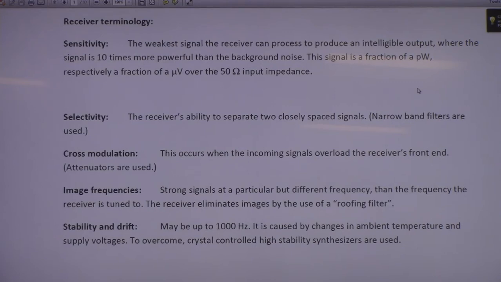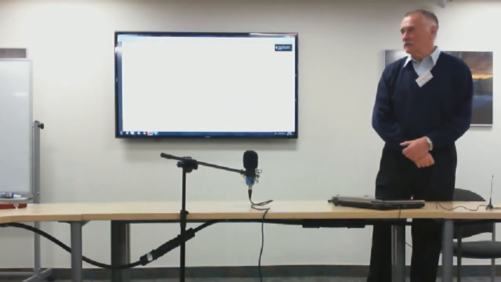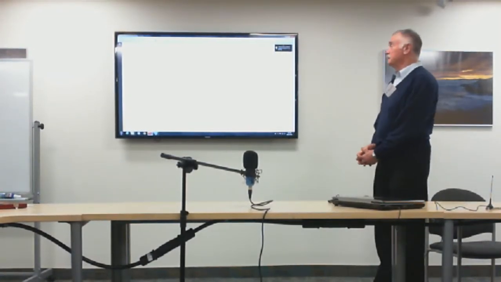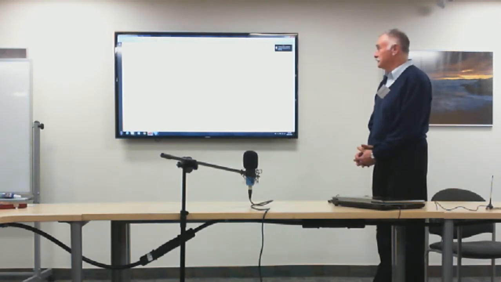Somebody may transmit a perfectly stable signal, and if your own radio is not able to track it, you experience drift. Drift is also experienced if your radio is perfect and the transmitter is drifting, but there is nothing you can do about that. It is not your fault. But at least your own equipment cannot drift, so we will use crystal controlled, highly stable synthesizers and direct digital synthesizers.